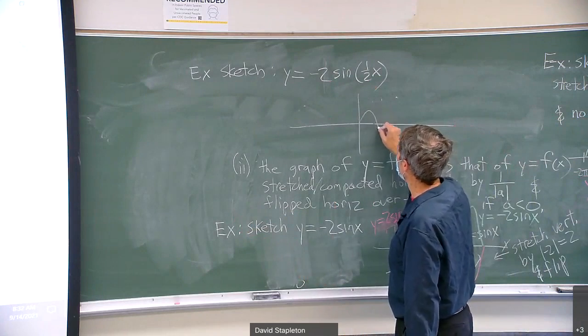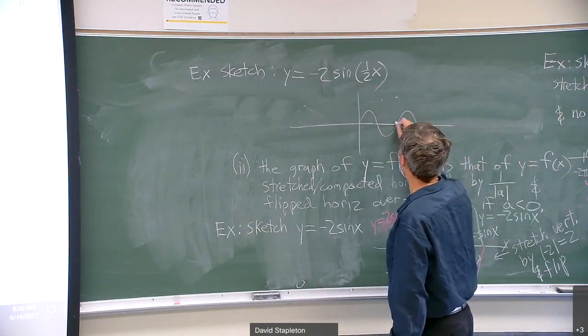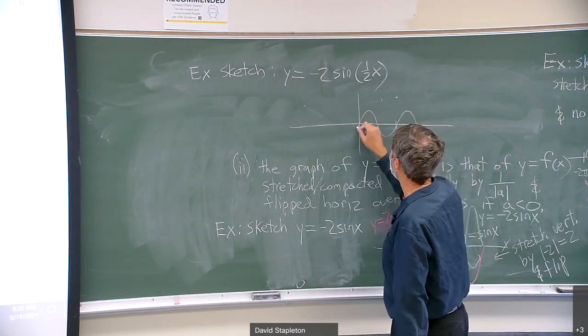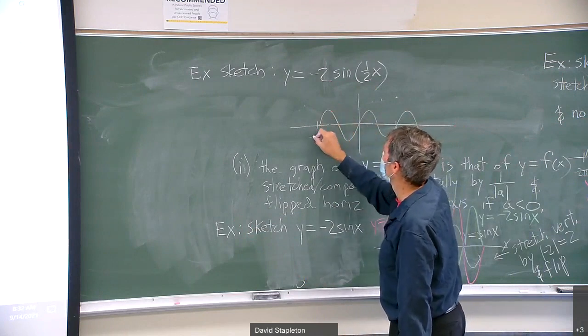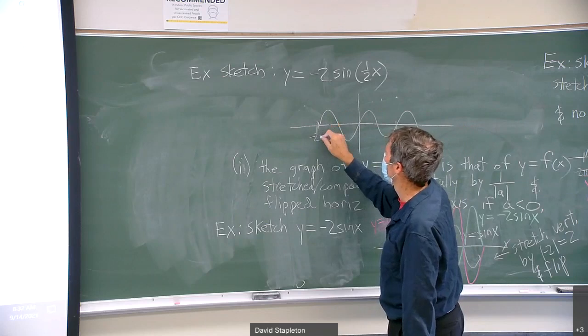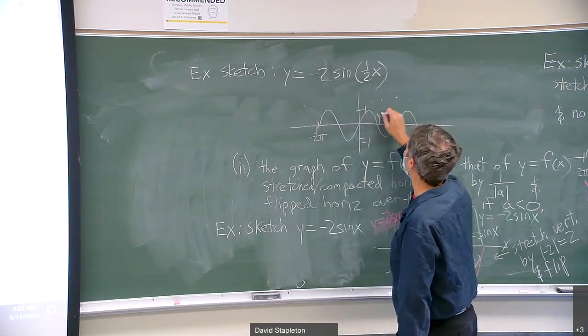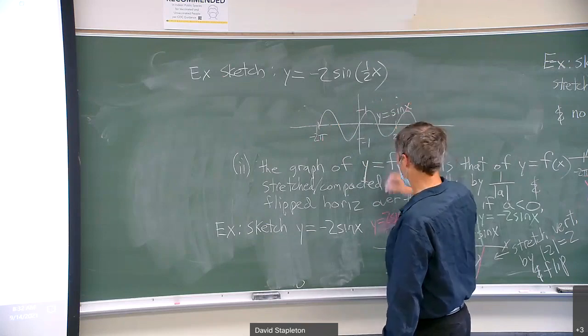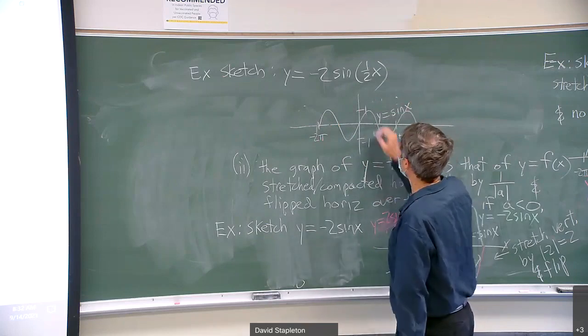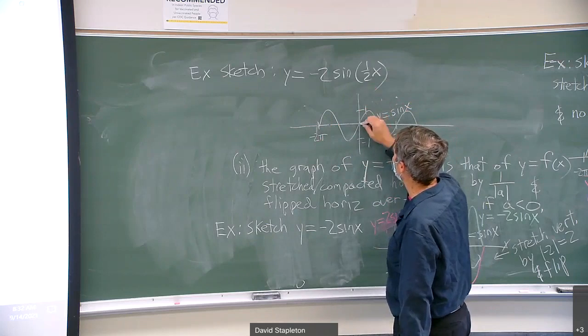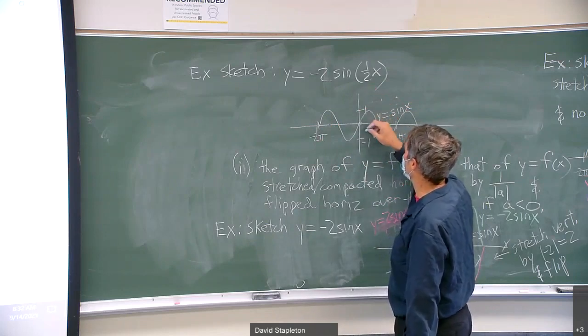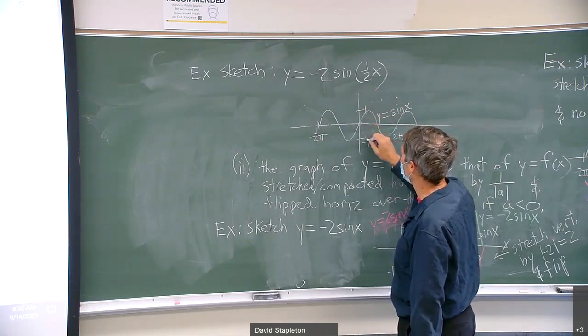Here's the sine function. Pi, minus 2 pi, 1, minus 1. If I make every coordinate twice as tall, so it goes up to 2, and then I flip it upside down, just do it in pieces here.